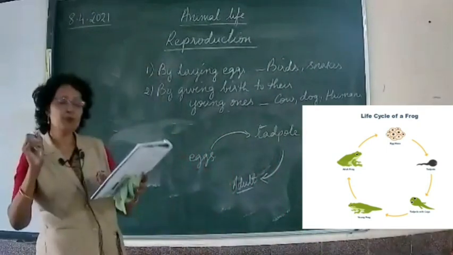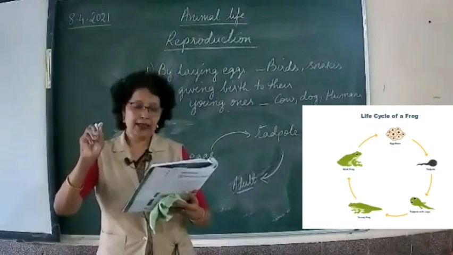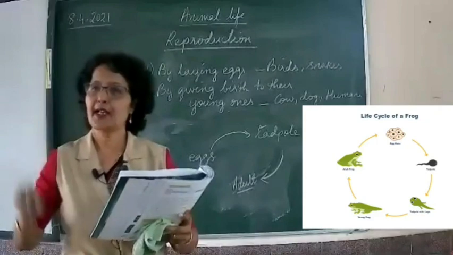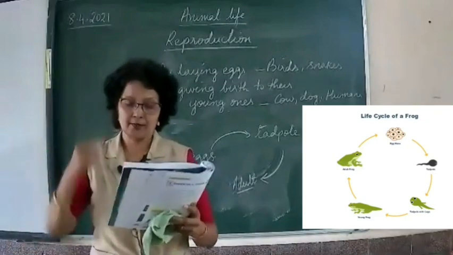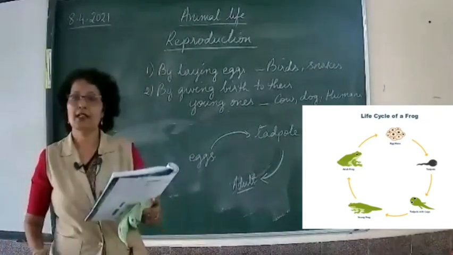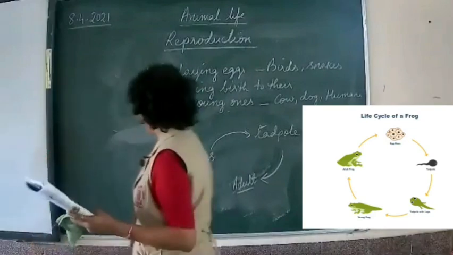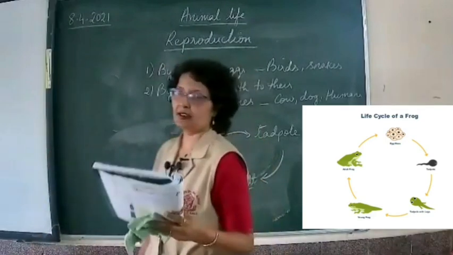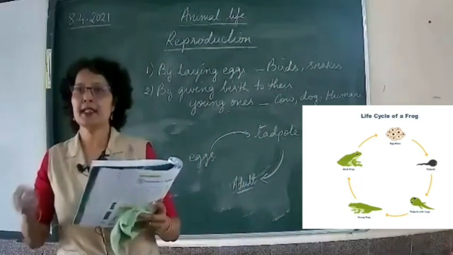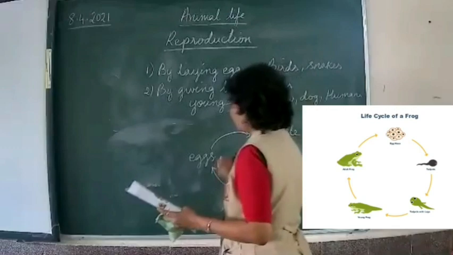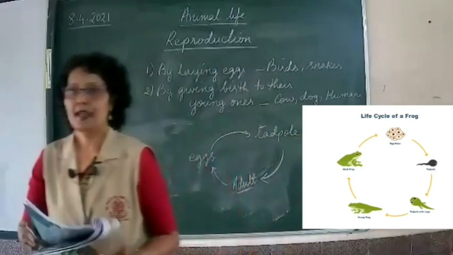Now tadpoles are small fish-like creatures. They are swimming in the water. Now after a few days, the hind limbs and forelimbs of the tadpole develop, which I have not shown here, but I'll show you in the PDF. And then these tadpoles grow into adults, and again these adult frogs will lay eggs.